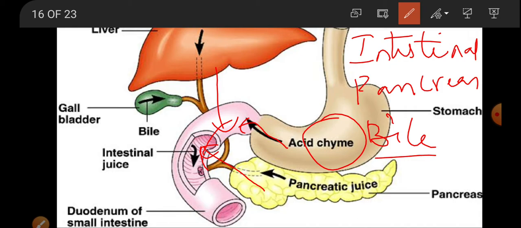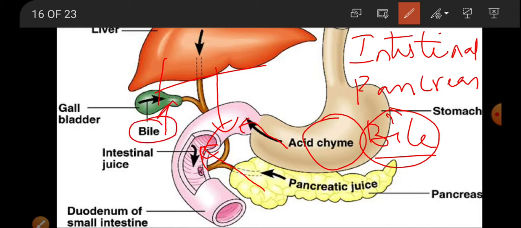So bile, what I said, it is a juice, but it is a non-enzymatic juice which is secreted from the liver. Liver is present towards the right side on the topmost of your lower abdomen region, and this liver is the largest gland that is present in our body, which is secreting some juices that are called bile juices.